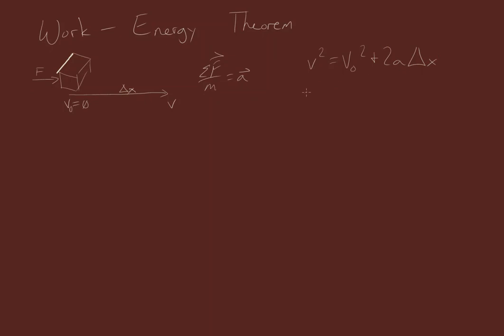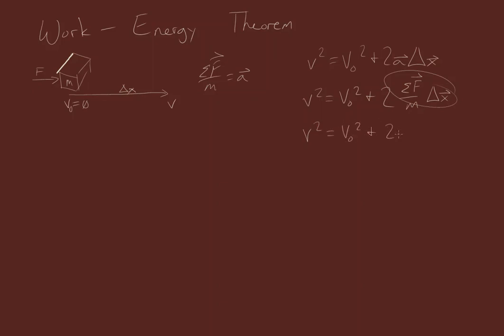And by second law we can say that our net force over the mass of the box is our acceleration. And we'll multiply by the displacement. Well, already it starts to look like we have a term for work. So we can make that substitution here.